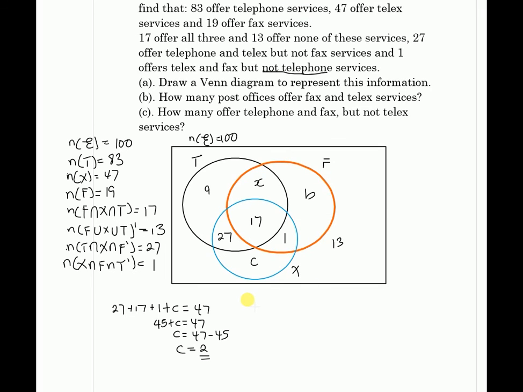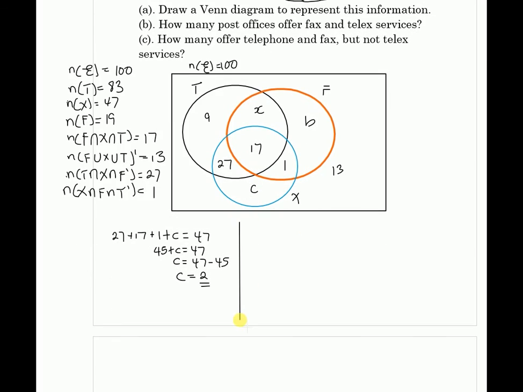We also need to get, we have to add all of these ones here, add these and equate to 83.